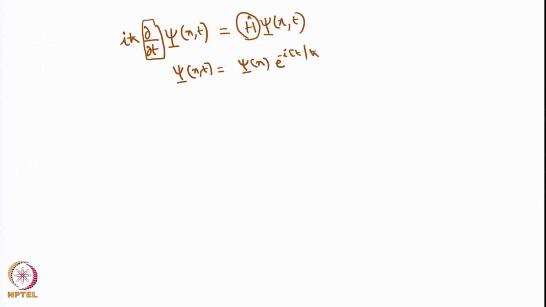And the average value, or expectation value, of an operator A is defined as psi A psi. This is nothing but psi of x A psi of x.